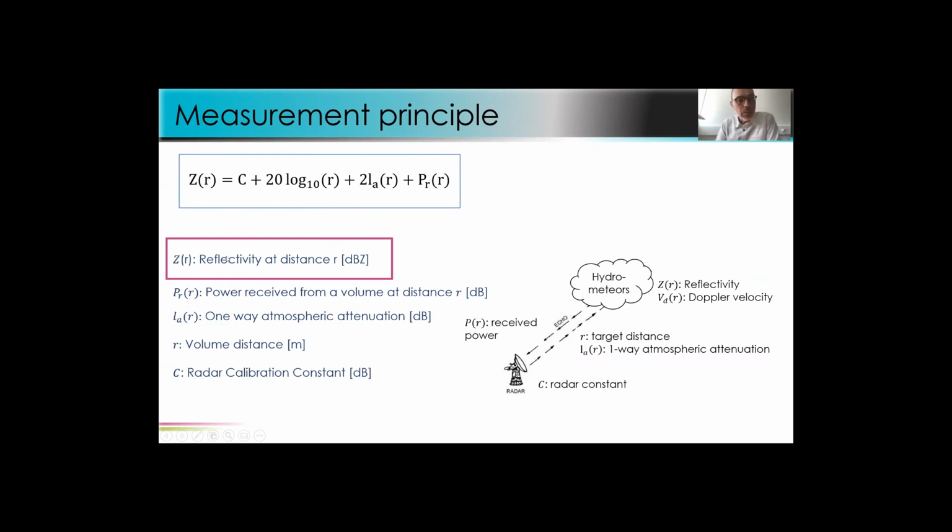To retrieve the reflectivity, we have to add to this received power the amount of signal that has been attenuated by the atmosphere in both ways, the effect of the distance between the radar and the hydrometeors, and also a calibration constant that needs to be determined. And that can be determined from targets, for instance, that have a known reflectivity.